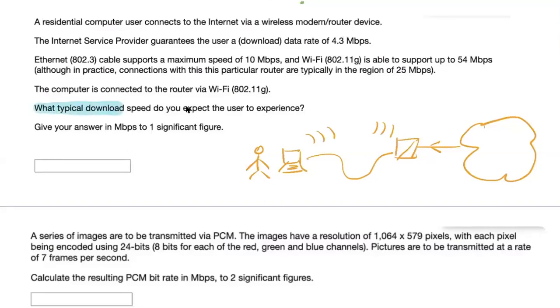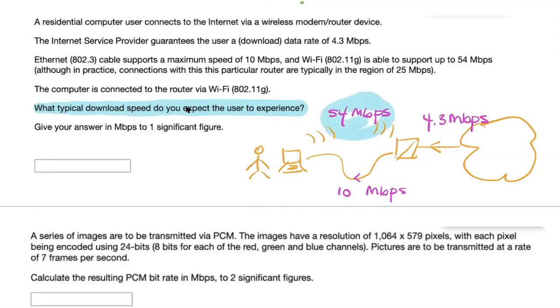And the question is, what typical download speed would you expect the user to experience? And we're given that we have a 4.3 megabit per second connection here, up to 10 here and up to 54 here. So, does the user end up with that speed, or that speed for their download connection?